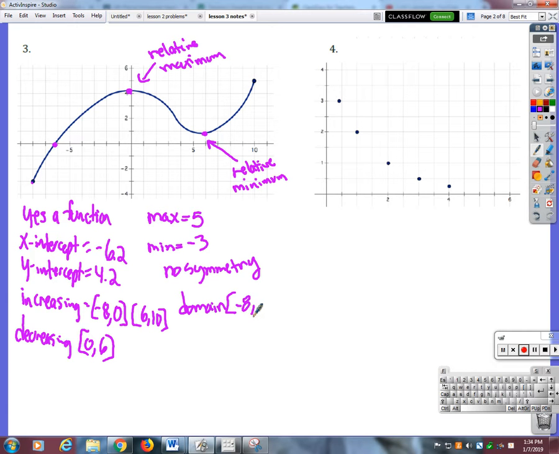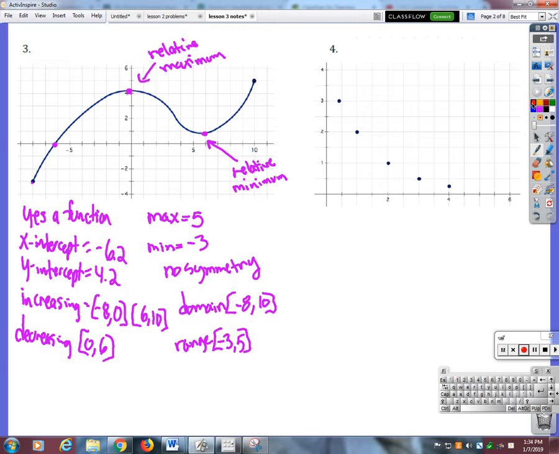And then what's the highest x value the graph goes to? Okay, and how about range? Same thing, but with the y's? How about -3? Okay, yeah. Is that all the questions for that one? All right, then we reset here.